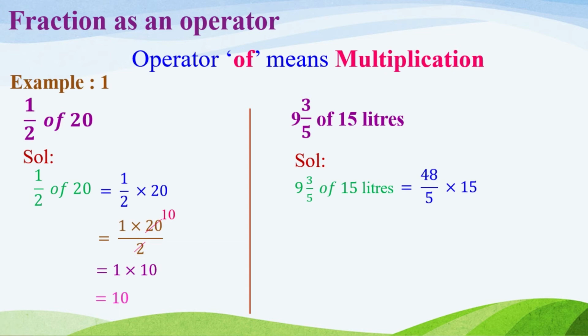We get 48 divided by denominator. Of means multiplication 15. So we get 48 divided by 5 into 15. Now we get the expression 48 into 15 divided by 5. Here cancel the common factors. Take 5 table, 1 5s are 5, 3 5s are 15. Remaining 48 into 3. 48 into 3 is 144.